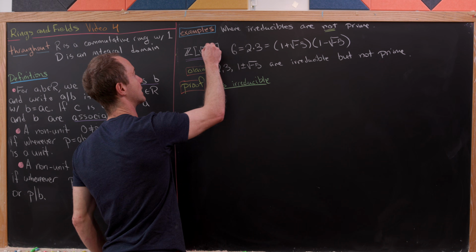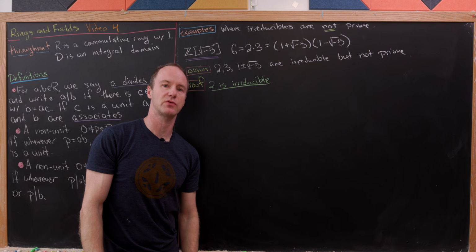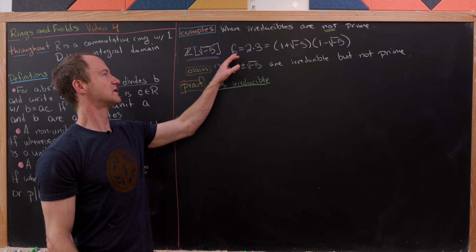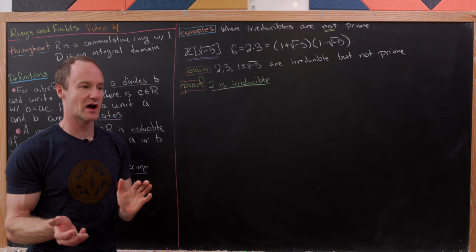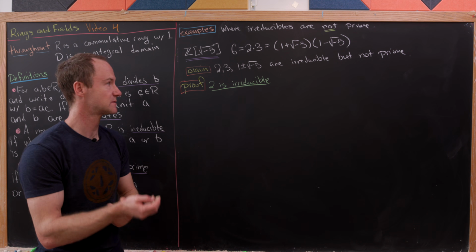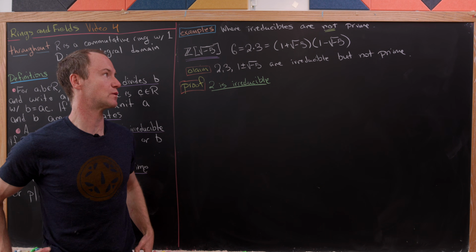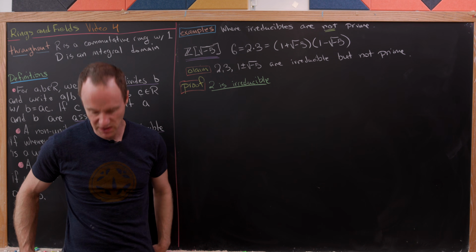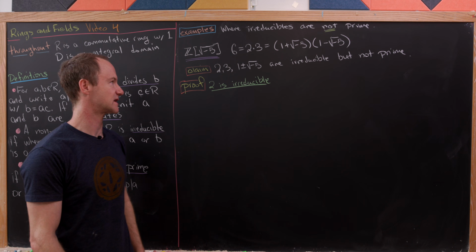So this is a ring, or an integral domain, I should say more precisely, that we looked at in the previous video. Now let's observe that we can factor 6 as 2 times 3. That's the standard prime factorization in the integers. We can also factor it as 1 plus the square root of -5 times 1 minus the square root of -5. You can just multiply that out and see that you very quickly get the number 6.